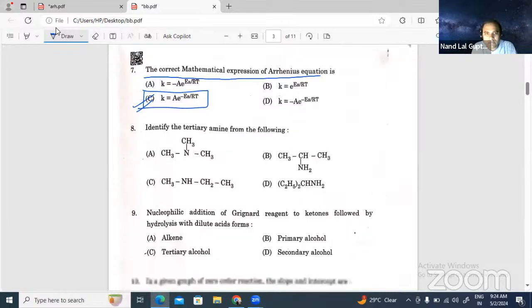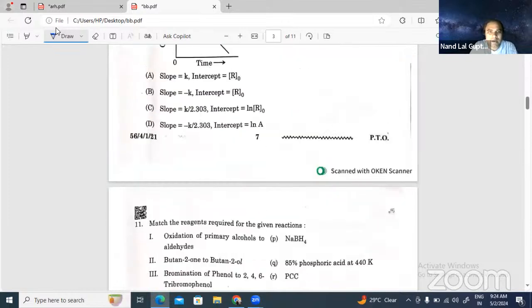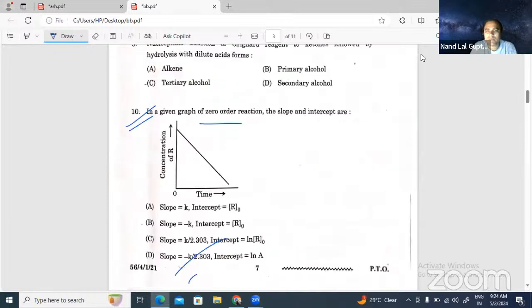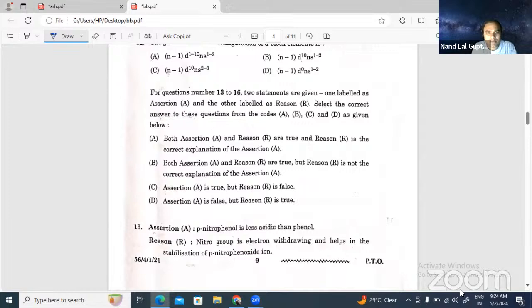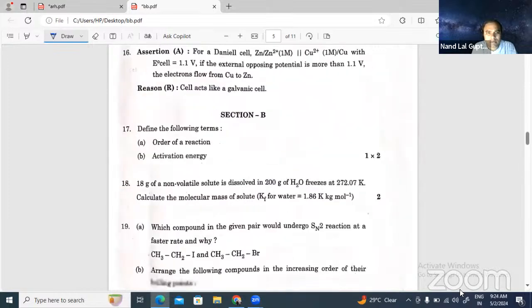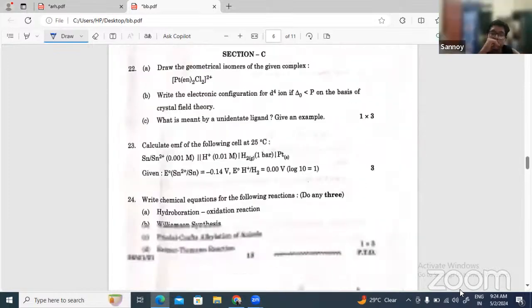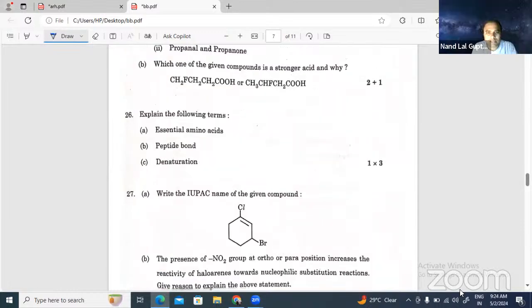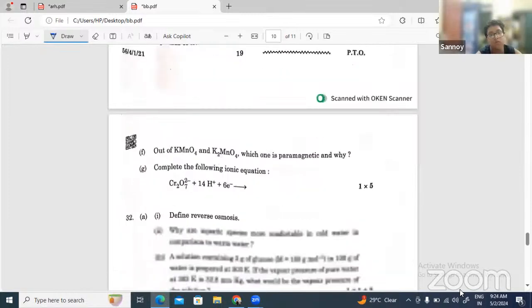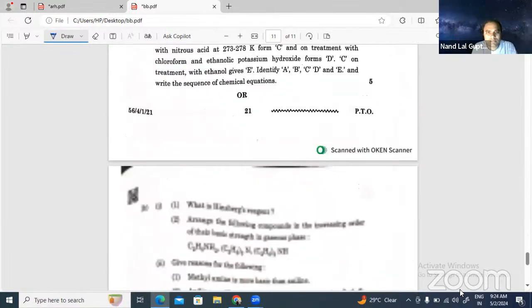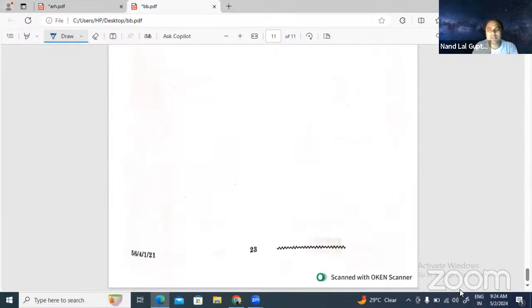One more question is there on the fraction of molecules. This graph we already discussed, if you remember. Whatever the possible questions are, we are dealing with them here. This question may be given in the other set. Kindly go over this slide once more, and many of the questions you will be able to solve.